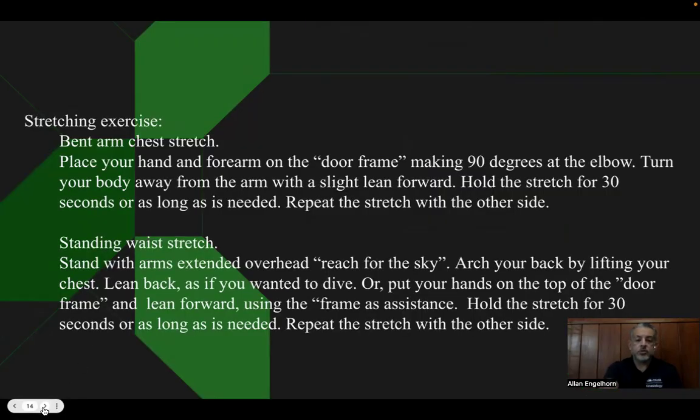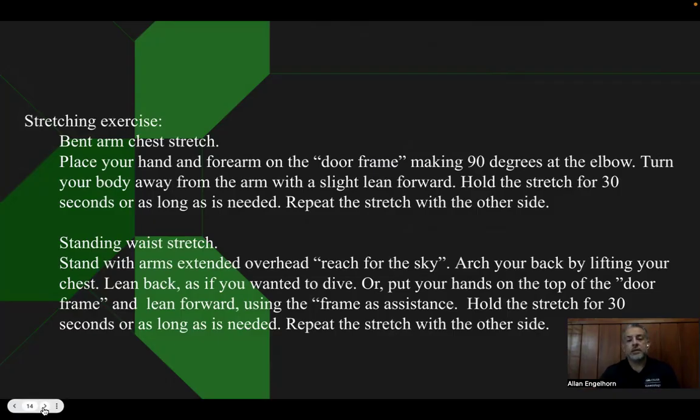All right, stretching exercises. So we have a bent arm chest stretch, and we also have a standing waist stretch. The bent arm chest stretch is you get your arm and you lay it flat on the door frame or on a fixed pole, something stable that's not going to tip over.